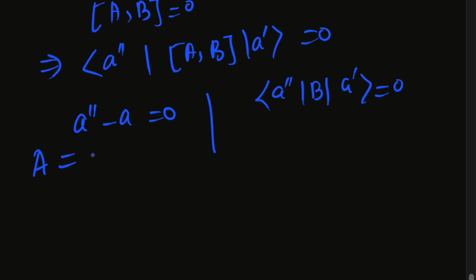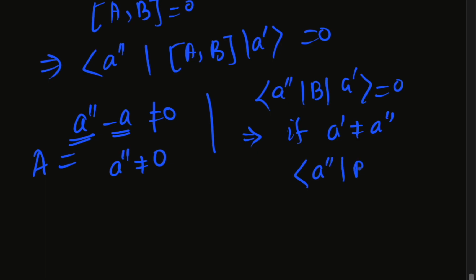That means A double prime minus A prime is not equal to 0 if A double prime is not equal to A prime, so the matrix element will be 0.